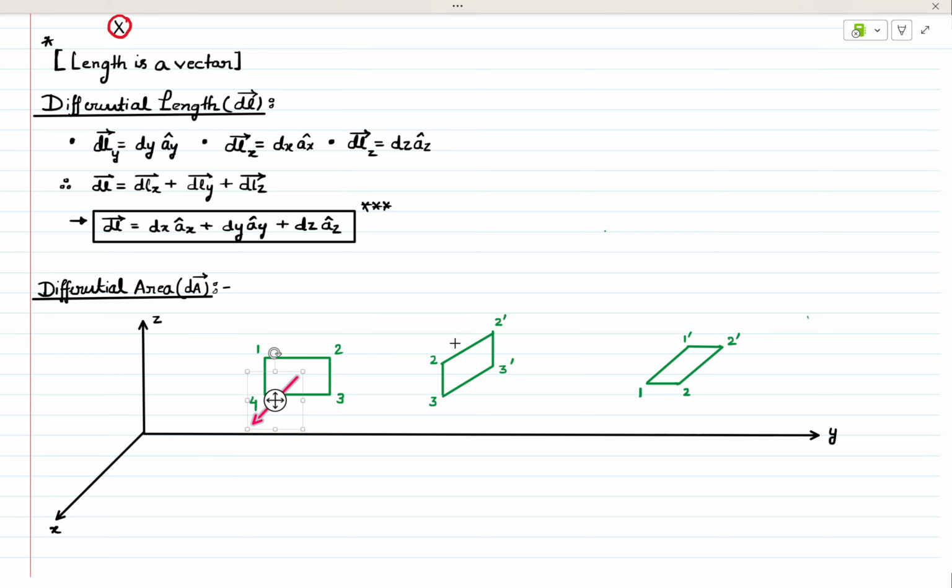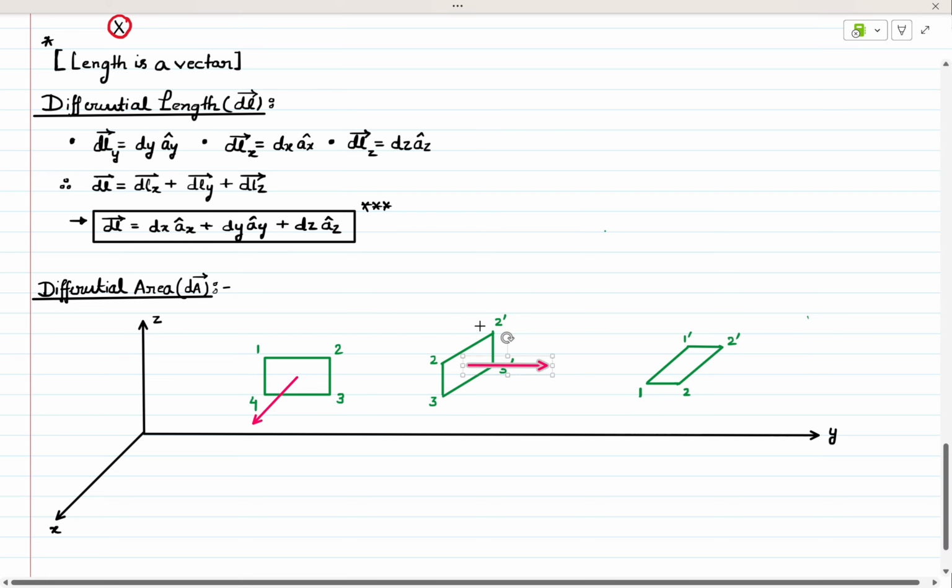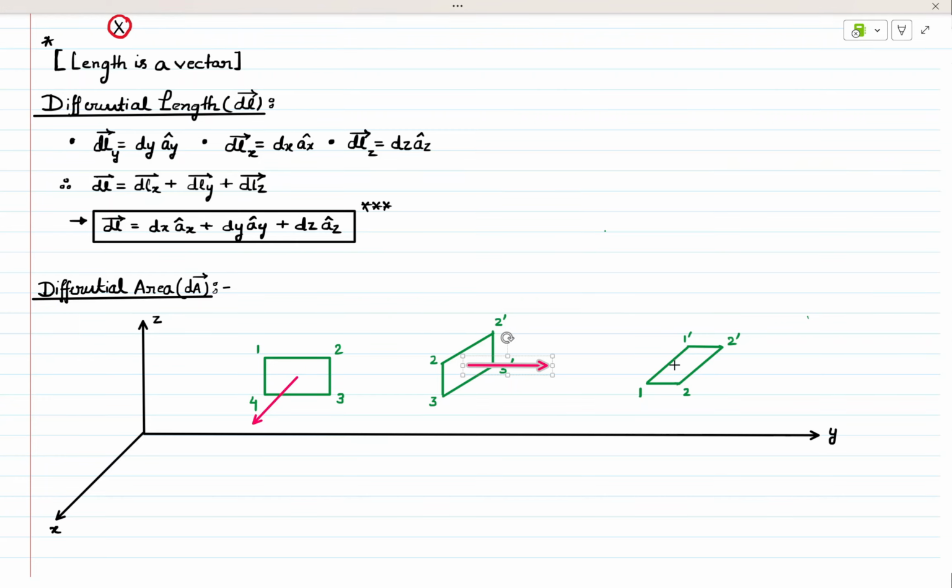Similarly, for 2, 3, 2 dash, 3 dash, the direction of this area is towards the y direction, which is perpendicular to the plane 2, 3, 2 dash, 3 dash. And for the last area, 1, 2, 1 dash, 2 dash, the direction is towards the z direction.